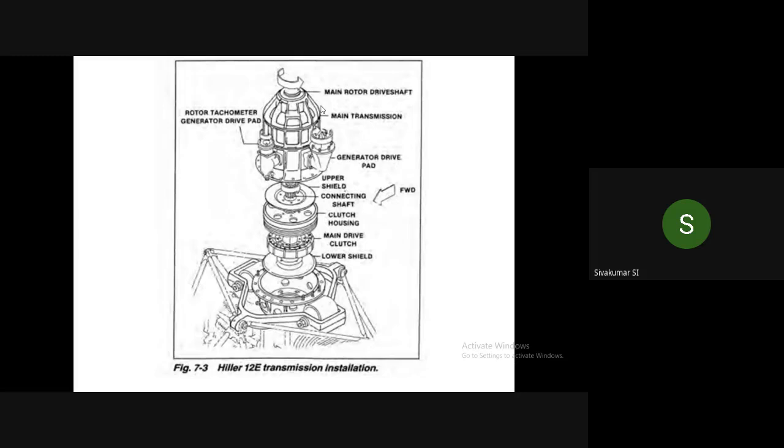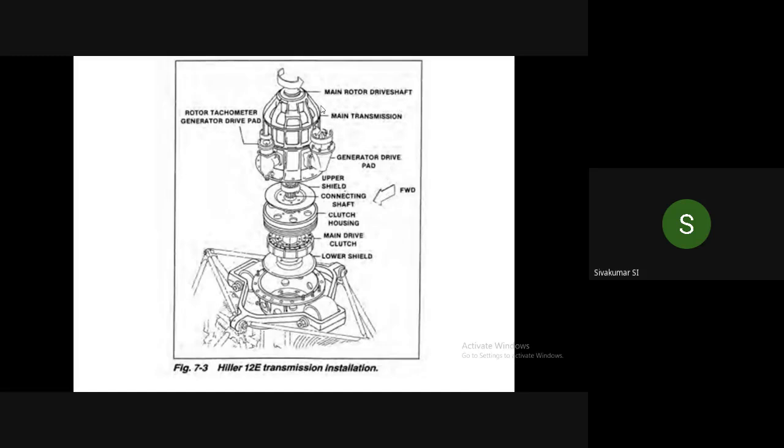it also helps to rotate various accessories. Here in the diagram, maybe the AC generator is fitted, and the RPM tachometer, a generator type RPM indicator, the rotor tachometer, which can indicate the rotor RPM, takes its drive from it. Other accessory components are also fitted in the transmission system, so that it can drive various components, maybe the hydraulic pumps, fuel pumps, lubrication pumps.